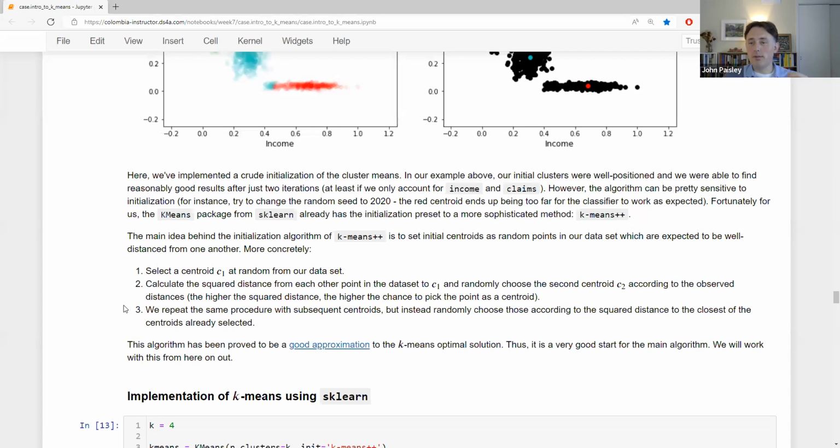So data points that are far away from the previous two centroids have a higher chance of being picked to be the third centroid, and so on. So it's a good way of initializing k-means so that you can be more confident that you're going to get a good clustering solution at the end. That's not a bad local optimal solution. It didn't converge to something bad.